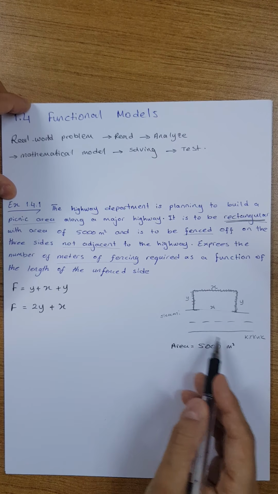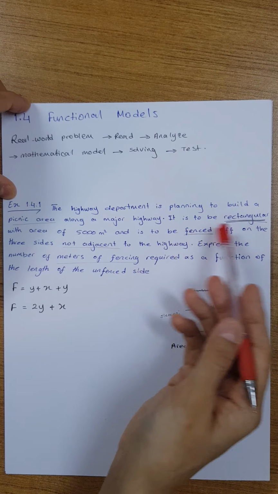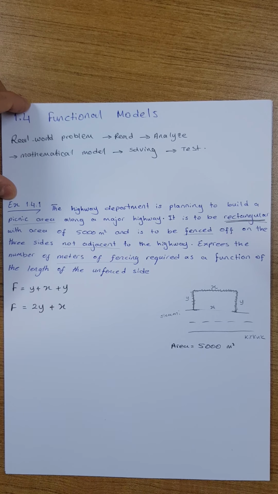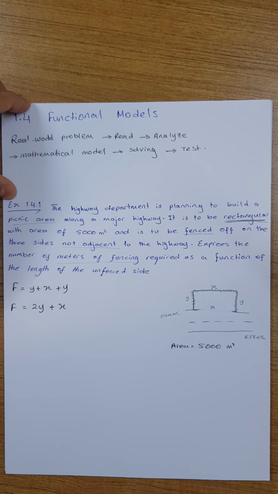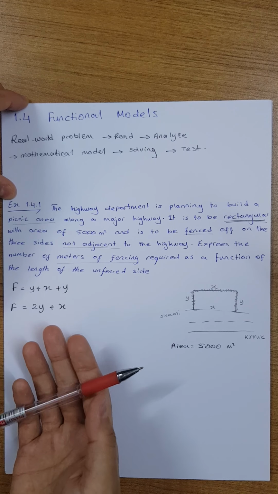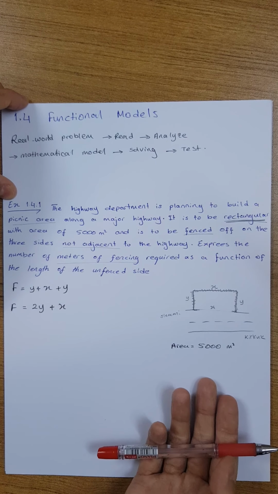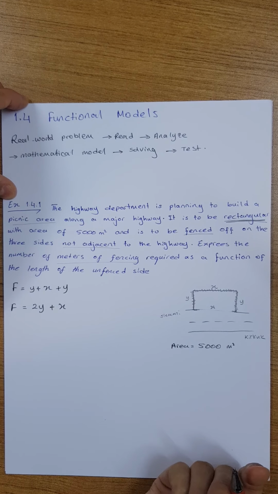Another piece of information is given to me here, that is the area. Everything that's given here makes some sense. I need to use it. It's given to me so that I can use it in my problem. If I did not use it, why would it be given to me? It would be something extra.